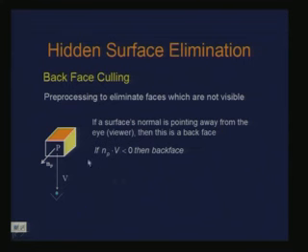So, to determine whether a particular face is a back face or not, it's a simple test. With respect to the normal of the face you have, say point P, this is the face you have, and this is your viewer here. So, V defines the direction from the face to the viewer. Then all you need to do is take a dot product of this normal with the vector V and check the sign of it.